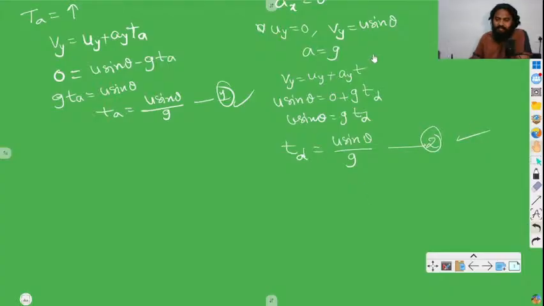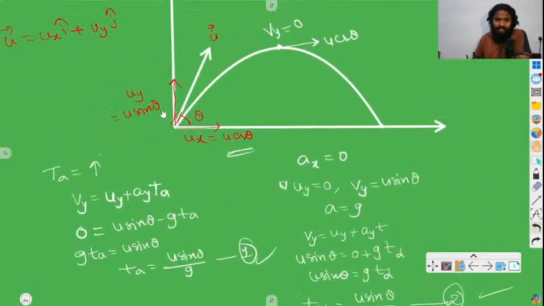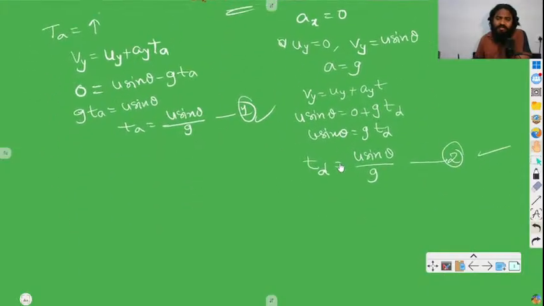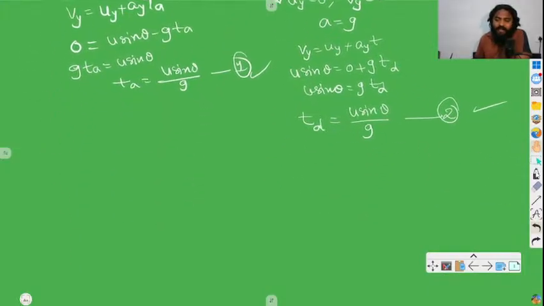For example, from here you have projected, and from here to here, the time the object has taken to reach the ground is called the time of flight. So time of flight is equal to time of ascent plus time of descent.